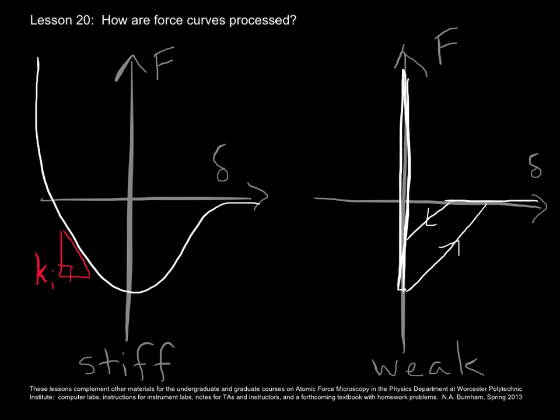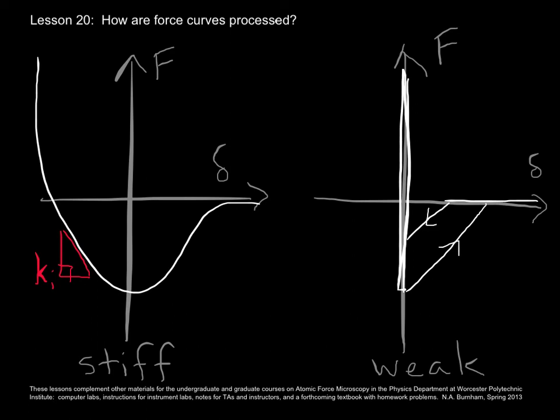Now, you might wonder how to interpret this. Well, you've got a weak cantilever. That means as you compress the system, it's so weak you cannot detect any compression of the sample. That's why we've got a vertical line along the y-axis, the force axis, meaning that as we compress and give more force to the system, we're not indenting.